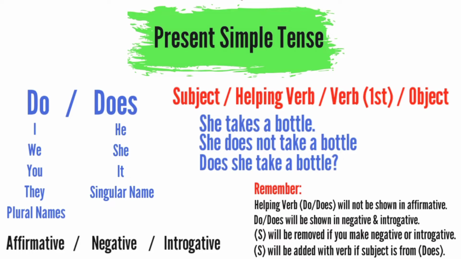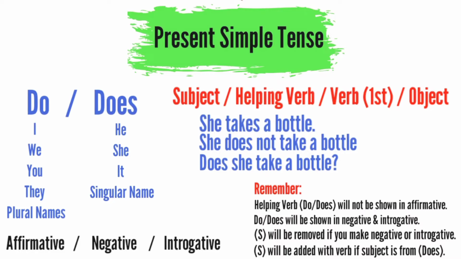I hope it's clear. Remember these instructions. First, that helping verb do or does will not be shown in simple sentence. Second, these two helping verbs will be shown, but when you are making them negative and interrogative.